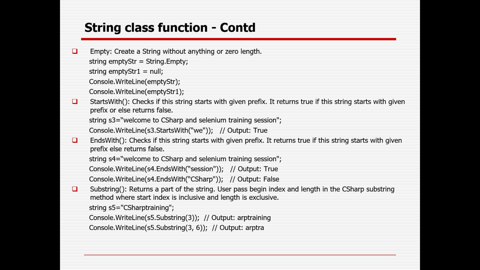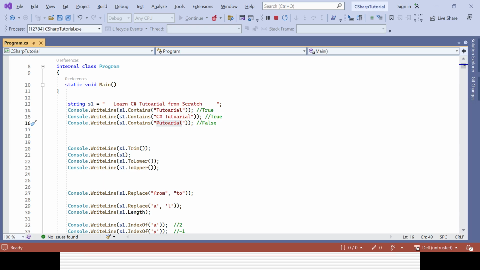Then you can define a string as empty. There are a couple of ways. Either you can define it as null, so it will be a null string, or there is a method available called Empty, string dot Empty, which will also define the string as empty.